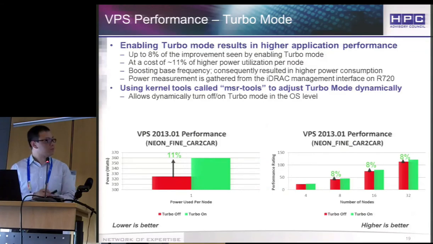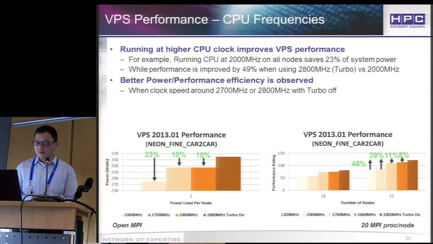Similarly, for the CPU clock, there are obviously gains to be had when I deliberately set the CPU clock rate to 1200, 2000, 2700, 2800, and then finally 2800 with turbo on.